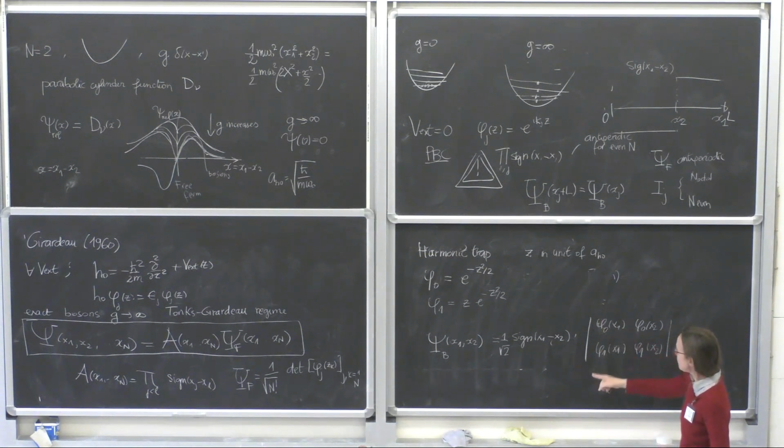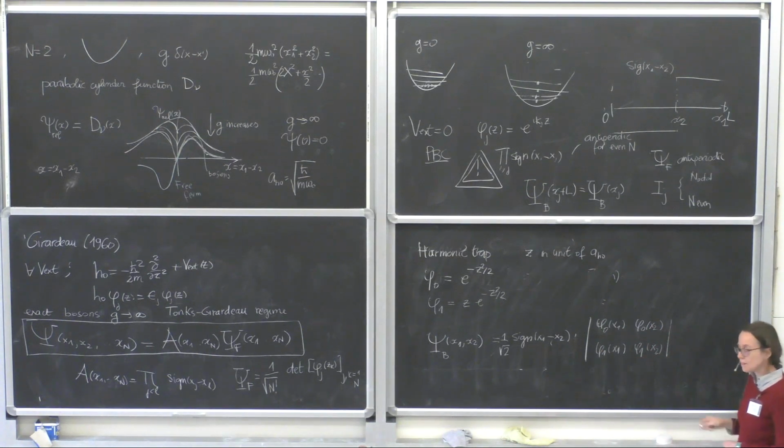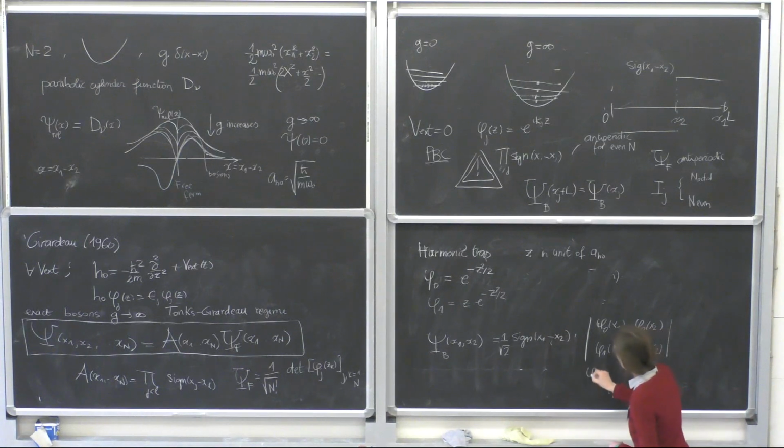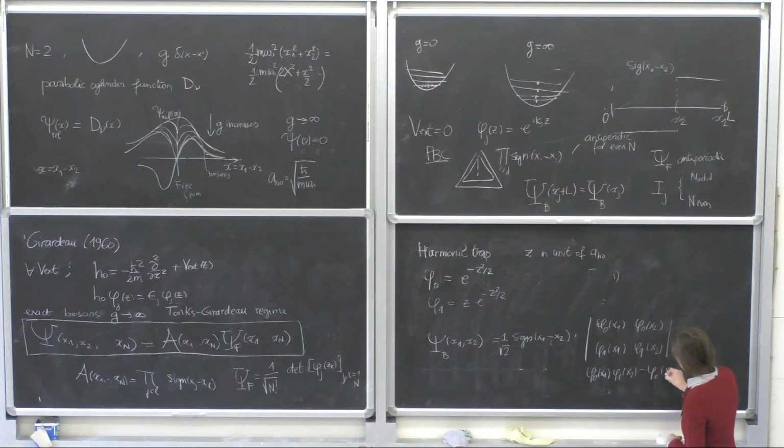And by this vertical bar, I mean determinant. So that means phi 0 of x1, phi 1 of x2, minus phi 0 of x2, phi 1 of x1.